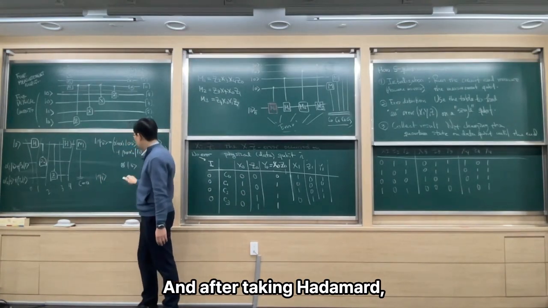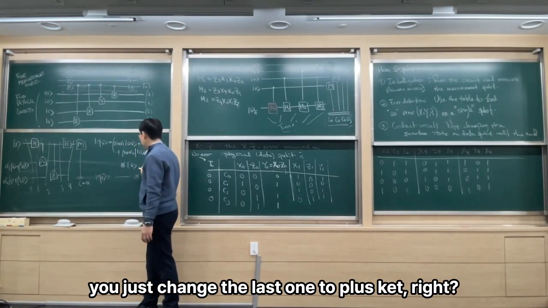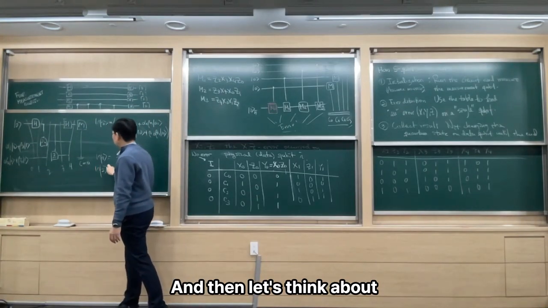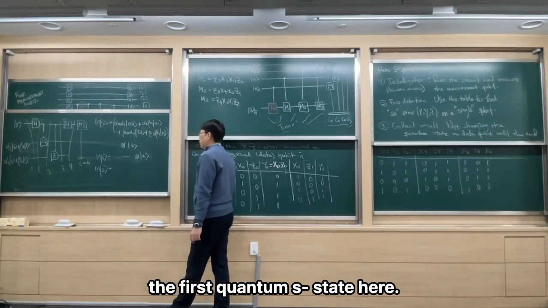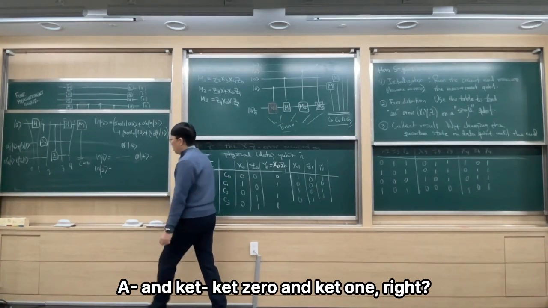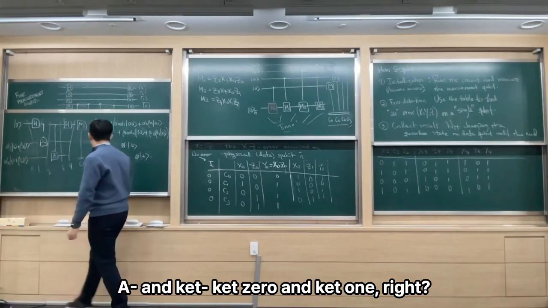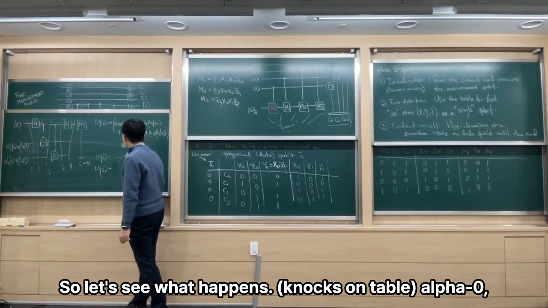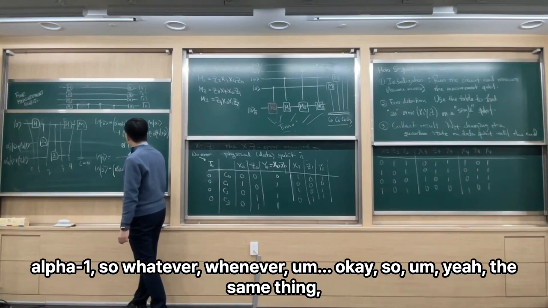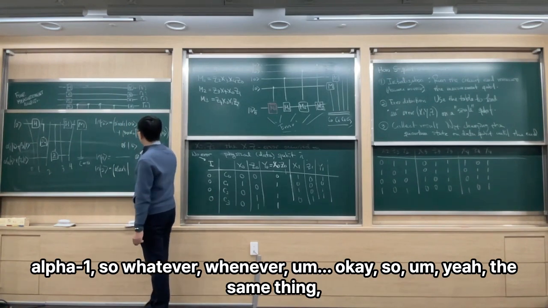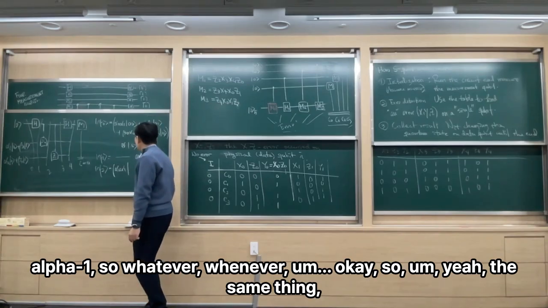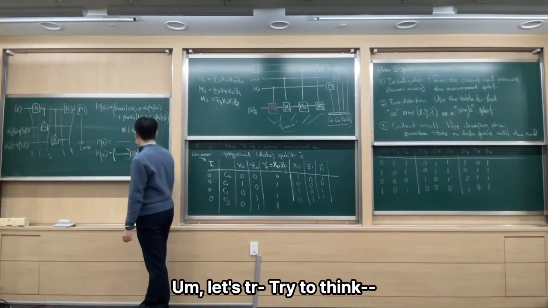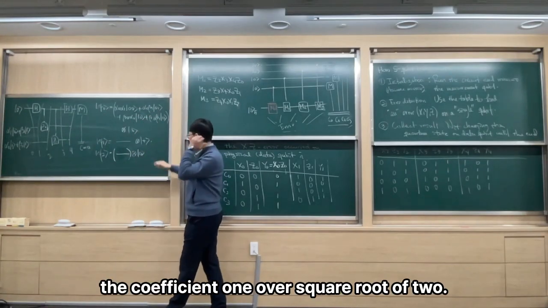After taking the Hadamard, you just change the last one to plus ket, right? And then let's think about the first quantum state here. You only changed X and Z, right? Ket 0 and ket 1, right? I don't think I have to expand right here, but I already did it. So let's see what happens. Alpha 0, alpha 1. The same thing stays for 0. Let's try not to think about the coefficient 1 over square root of 2.